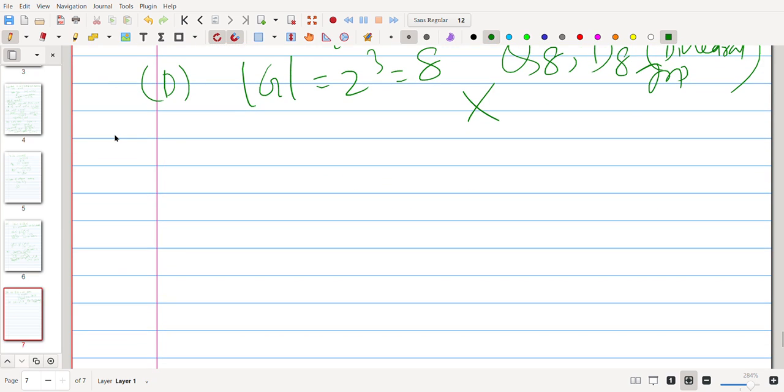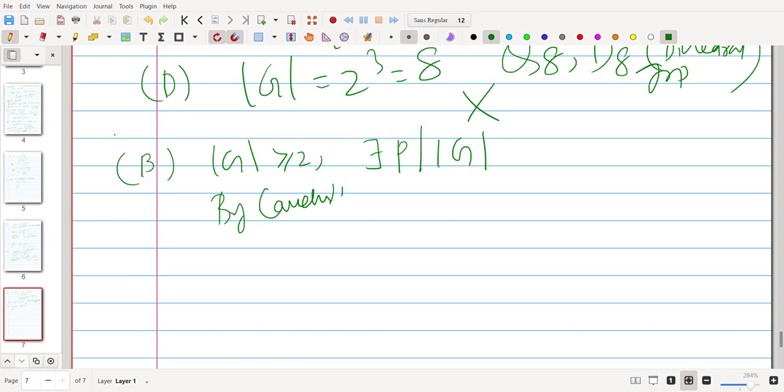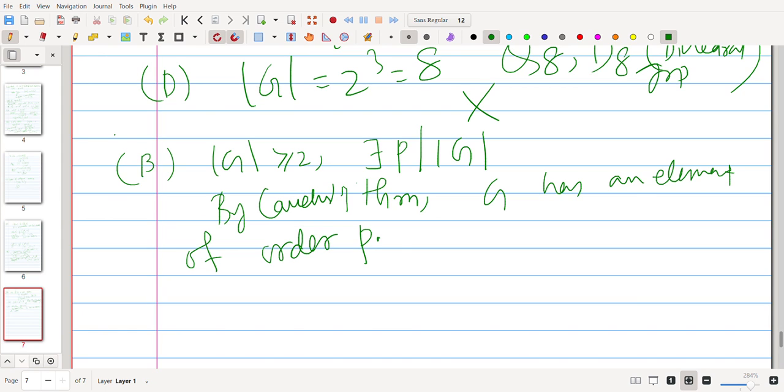Okay. What about the proof of option B? Options B and C are correct, but I'm going to prove them. Order of G is greater or equal to 2, so there exists a prime p such that p divides the order of G. By Cauchy's theorem, G has an element of order p, say a.